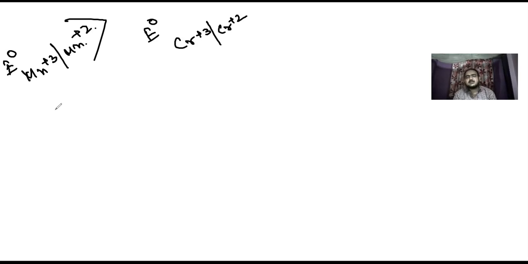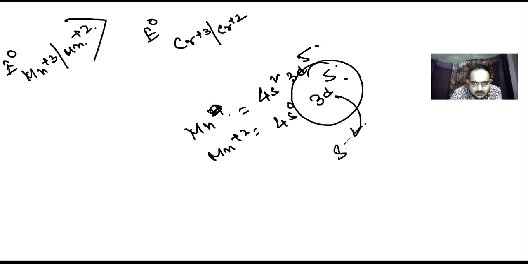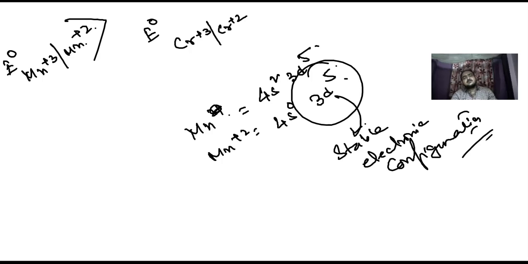It is very difficult to convert Mn+2 to Mn+3. Neutral Mn is 4s2 3d5, and Mn+2 is 4s0 3d5. 3d5 is a stable electronic configuration, so it is very difficult to eject one electron from Mn+2 to make Mn+3. Whereas chromium has a 4s1 3d5 electronic configuration.